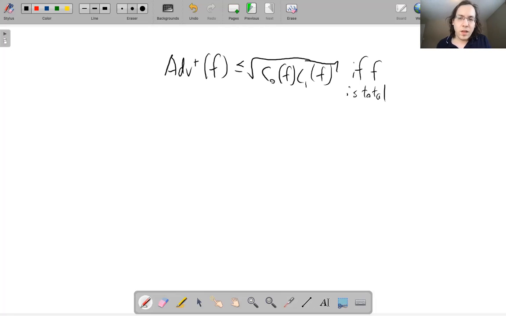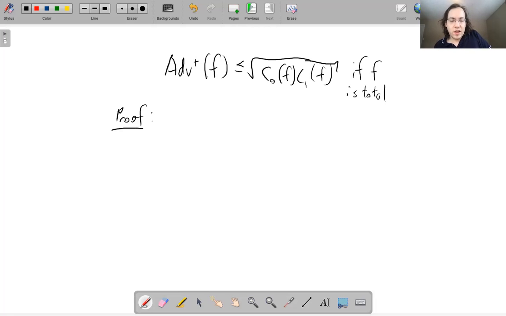And to prove this, we can just define a feasible weight scheme.